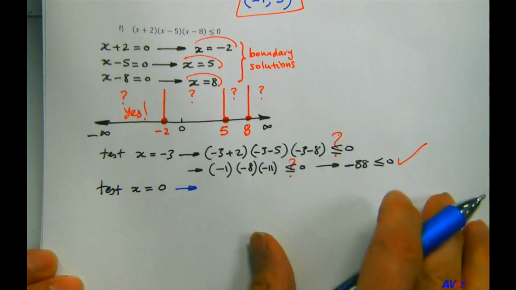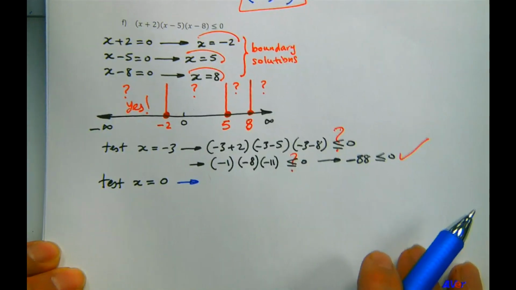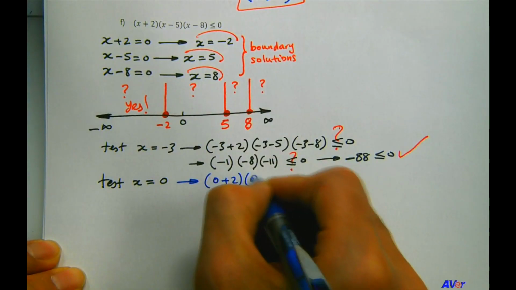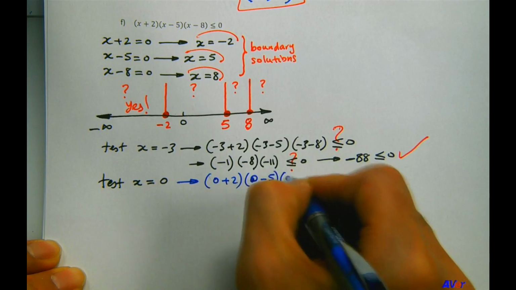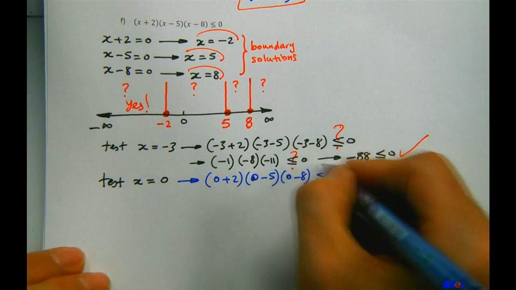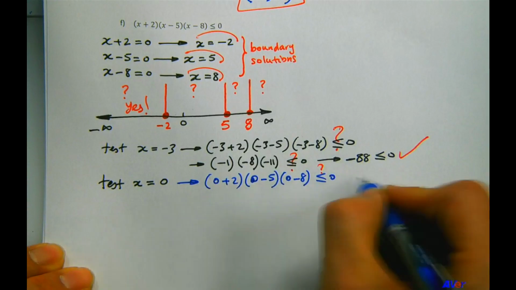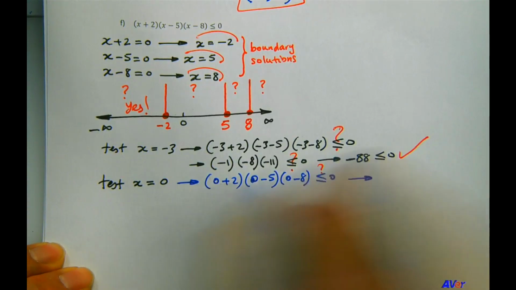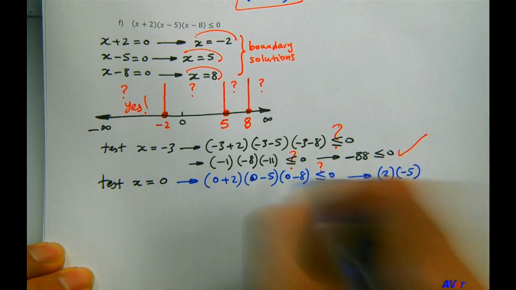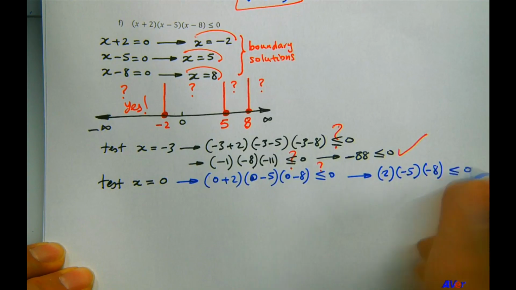Then I'm going to plug in 0 in that inequality. We have 0 plus 2 times 0 minus 5 times 0 minus 8 less than or equal to 0. Like that. So we have 0 plus 2 is positive 2, 0 minus 5 is minus 5, 0 minus 8 is minus 8, less than or equal to 0.